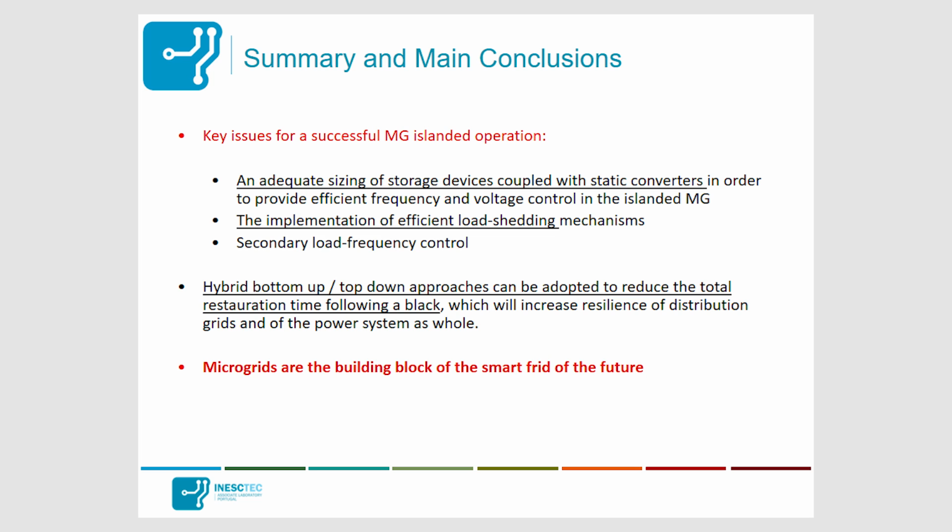We all know about the extreme events, hurricanes, storms that many times take place and that completely destroy the distribution network infrastructure, and afterwards it takes days, hours and hours to restore service. So it is possible, in this way, to bring power back to the consumers in a faster manner.